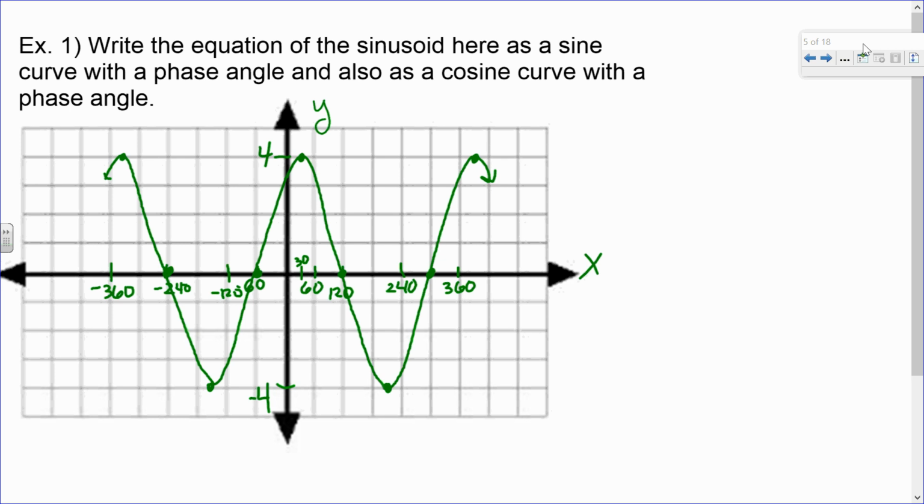Let's do cosine first, and suppose I wanted to do it as a plus cosine function. A plus cosine graph normally crosses the y-axis where? At a max. What's my closest max to the y-axis here? So phi would be 30 degrees. What is my centerline for this graph?